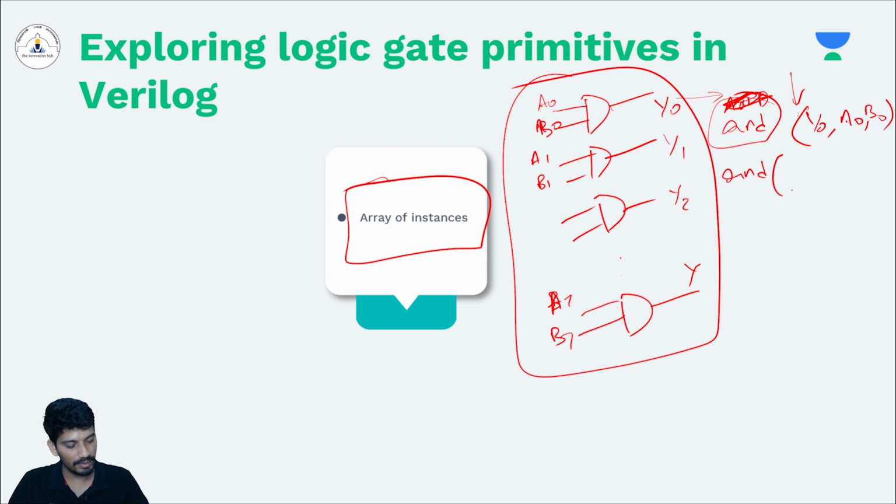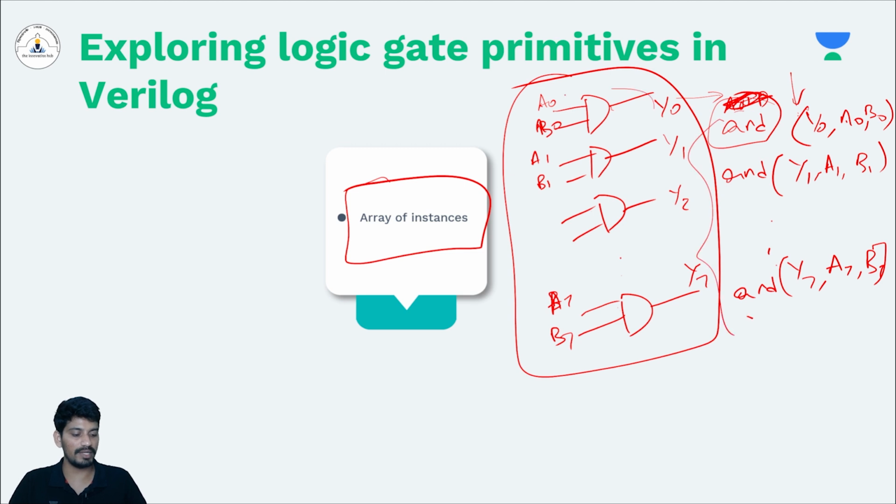Similarly, and Y1, A1, B1, so on up to Y7, A7, B7, which will require 8 different lines to get this circuit, right?